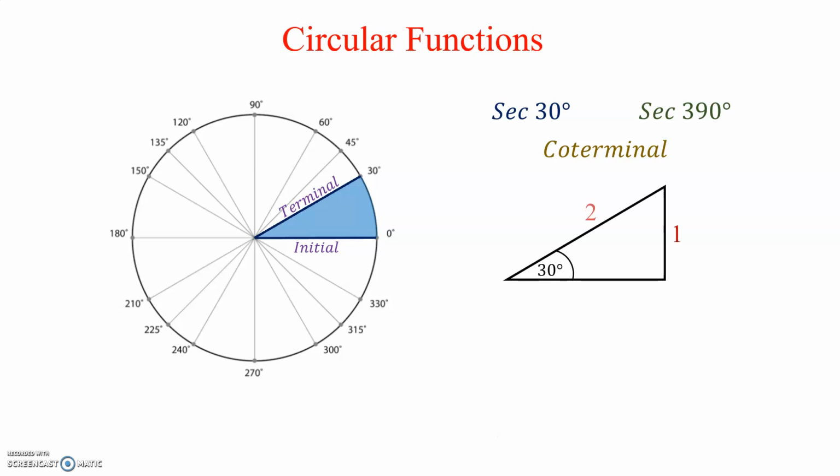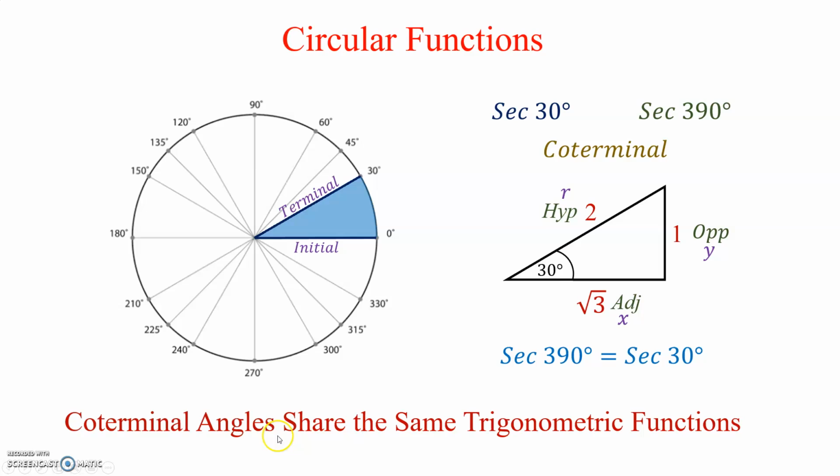The triangle that we used for secant of 30 will be the exact same triangle used for secant of 390. Therefore, we have the same adjacent, opposite, and hypotenuse, and of course the same x, y, and r. So we can conclude the secant of 390 is the exact same as the secant of 30. From this slide, we make a general conclusion that coterminal angles share the same trigonometric functions.